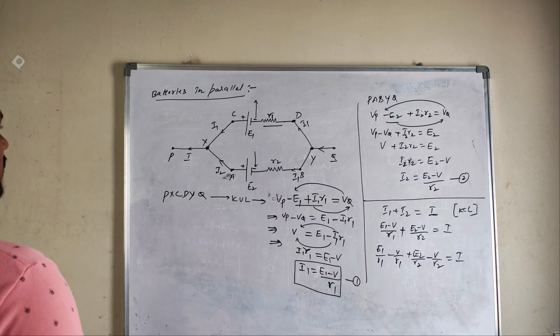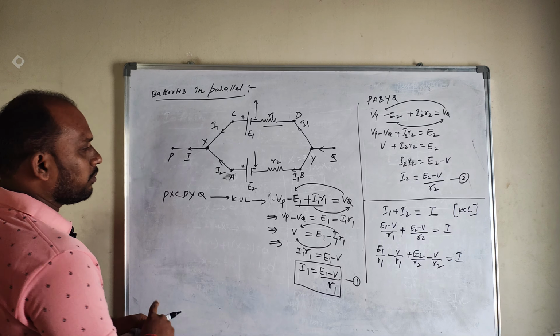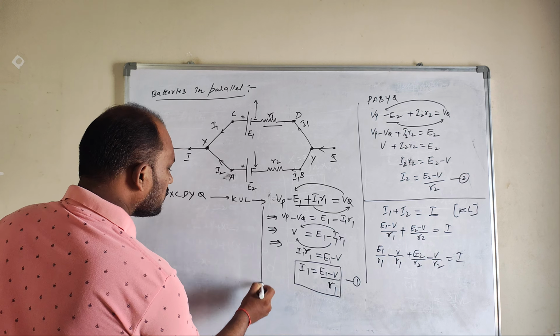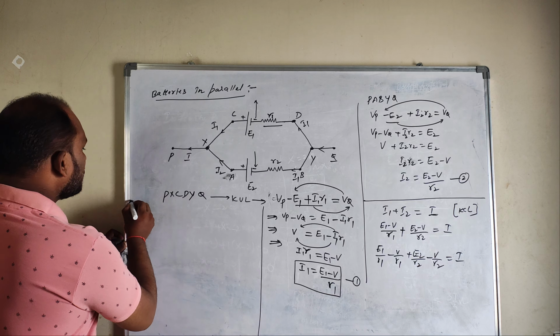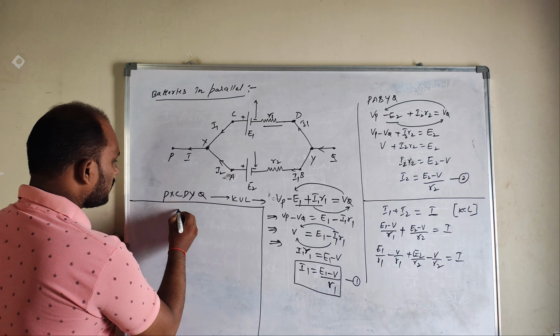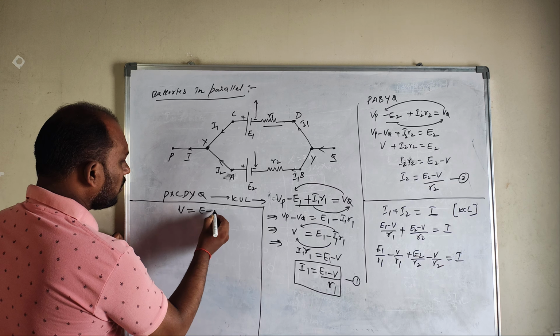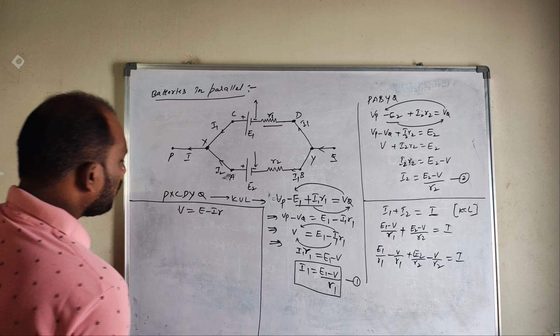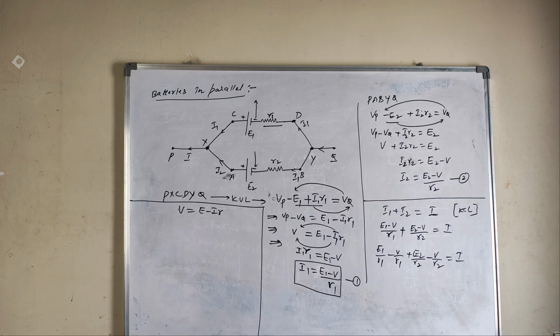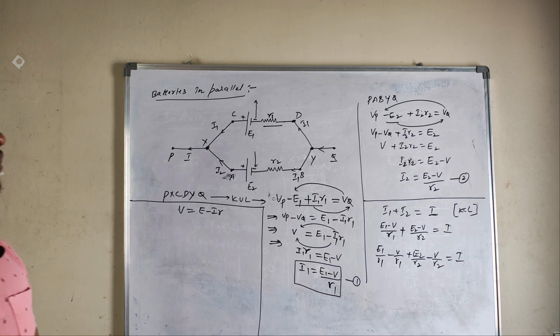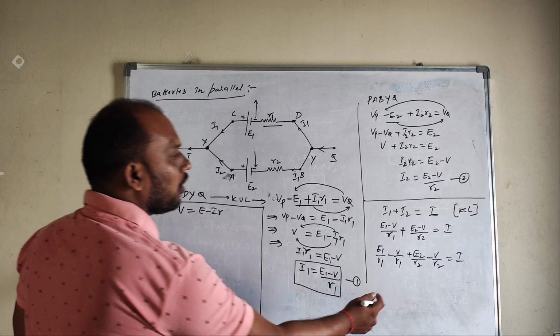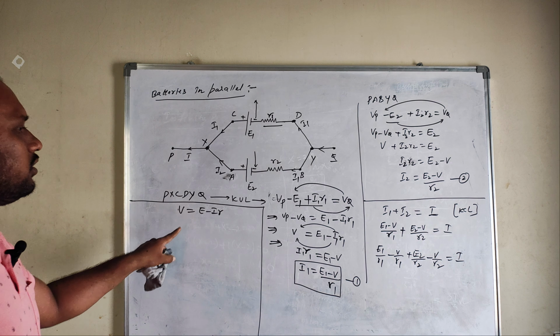The discharging equation is V is equal to E minus Ir. When discharging takes place, the electromotive force is more. When charging takes place, the potential difference is more. Keep in mind, we have to change this equation to this manner.